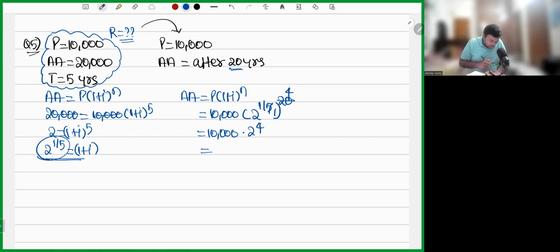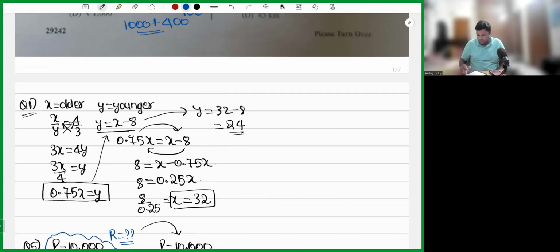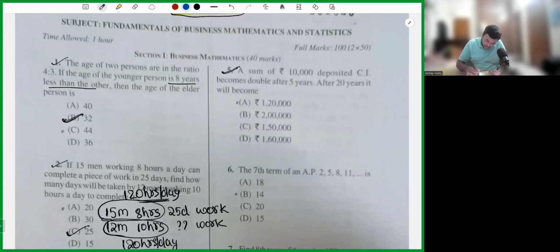What is 2 power 4, my dear friends? 2 into 2, 4, 8, 16. So 10,000 into 16, which is simply equal to 1,60,000. Simple sum, sir. Yes, sir, simple sum. It might take a little time for you in the examination to solve, but it is quite simple. It is nothing much difficult. So the answer is 1,60,000.